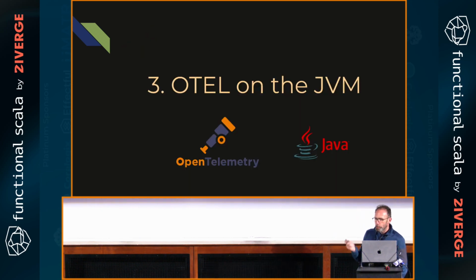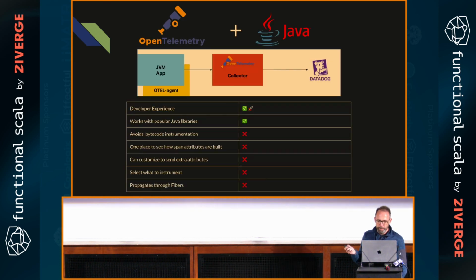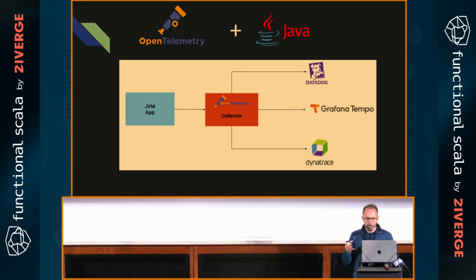Now, when we use OpenTelemetry on the JVM, we always have a collector that exposes our data using a protocol called OTLP, which sends basically the data that we are collecting, the traces, spans, etc., in the same way to all the collection applications that you can have down the line.